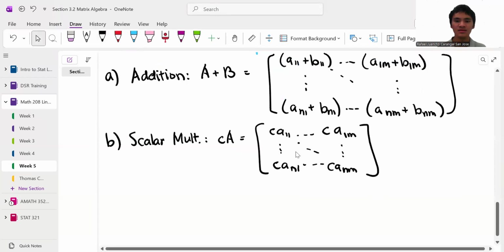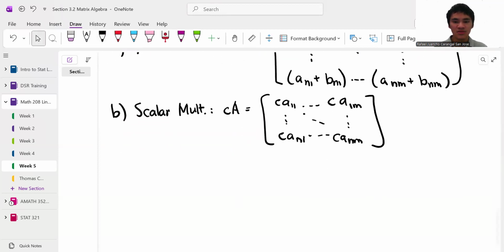Those are the two ideas we've gone over so far. Let's try one example here.